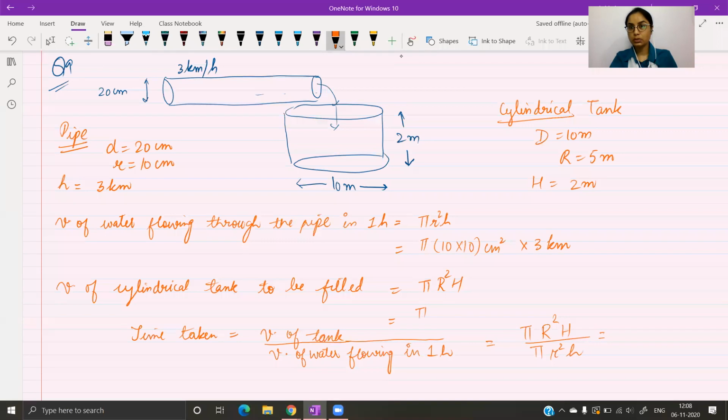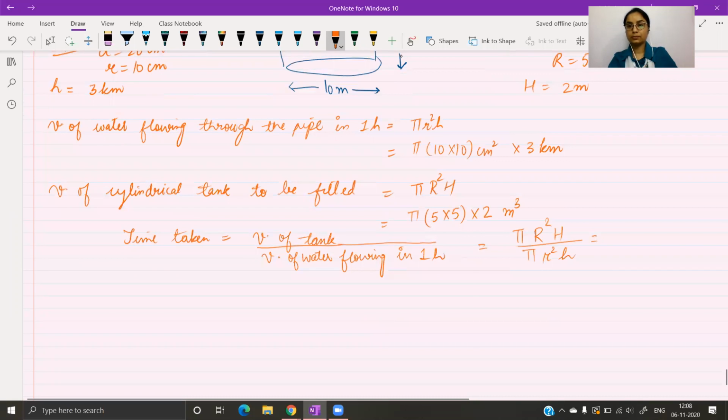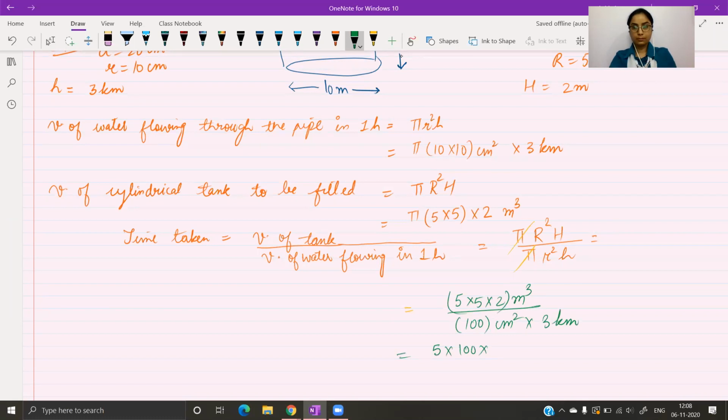And for this one, this will be 5 into 5 into 2 meter cubed. I'm converting all the units into centimeters.